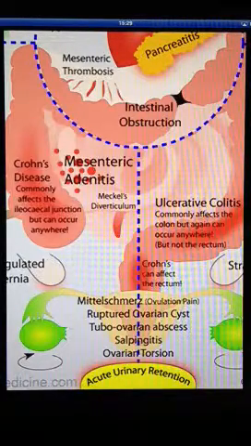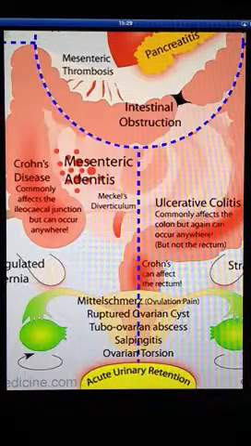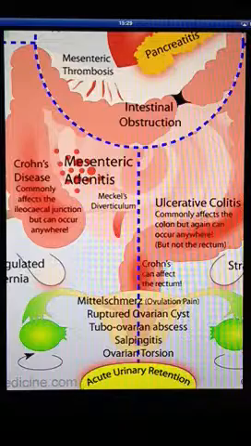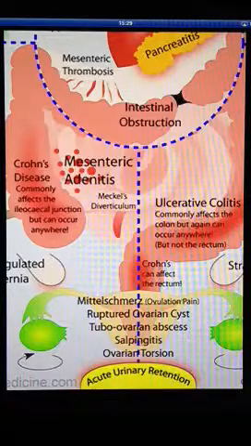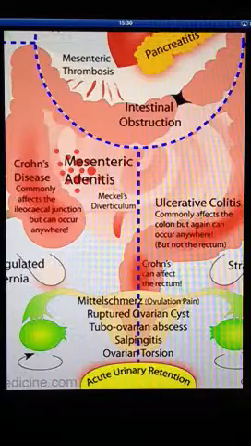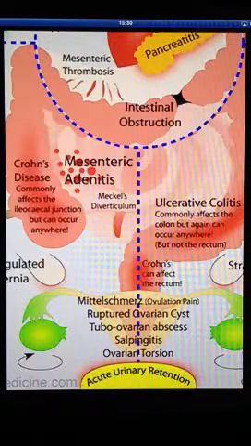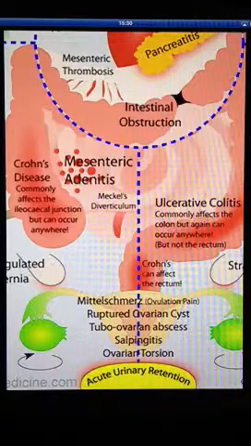Ovulatory pain, termed Mittelschmerz, is one potential explanation. Other causes could include rupture of an ovarian cyst, abscess within the fallopian tubes or ovaries, salpingitis, and torsion or twisting of the ovary.